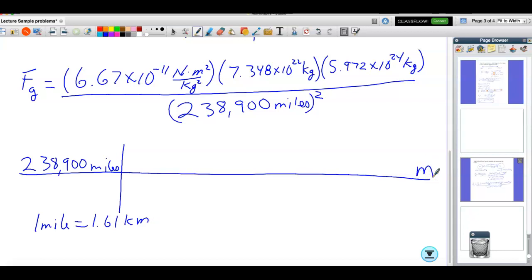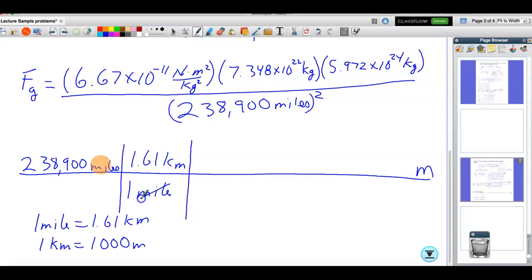So I also need that 1 kilometer is 1,000 meters. I know that one. So let's put our conversion factors in there. If miles are on the top, to get them to cancel out, we need 1 mile on the bottom, and that's 1.61 kilometers. And then that will get rid of our miles for us.